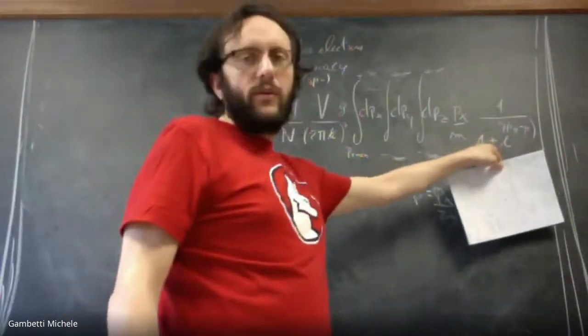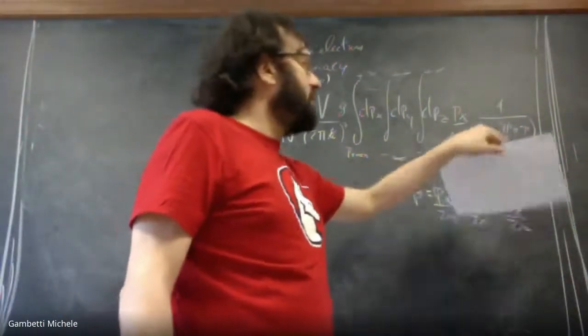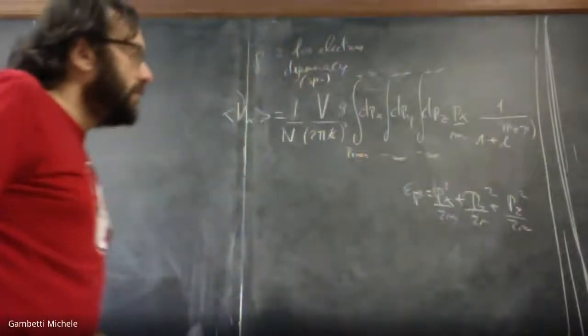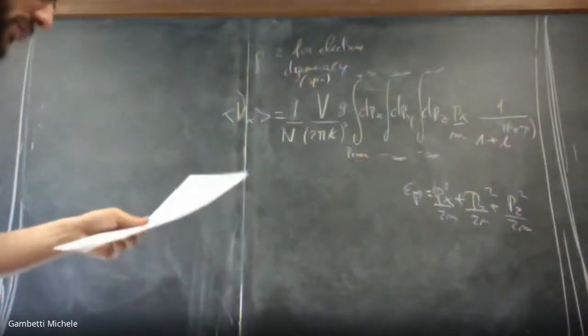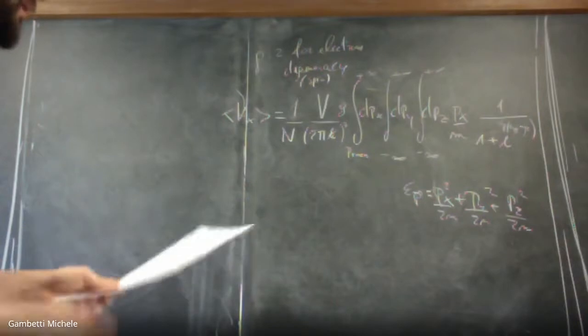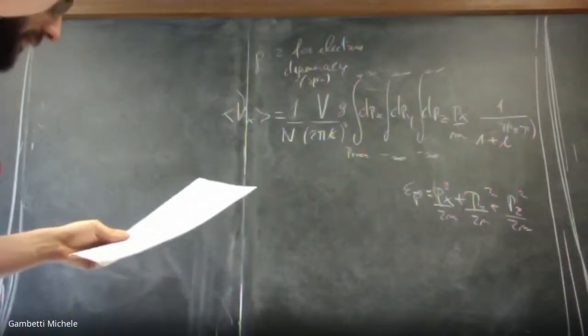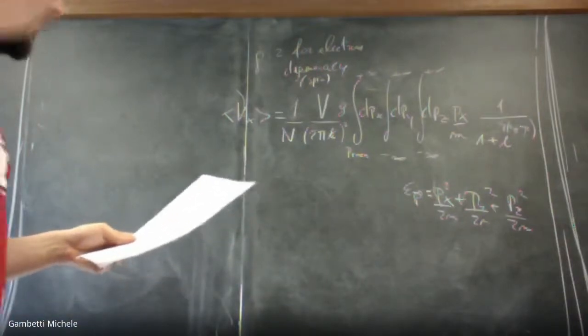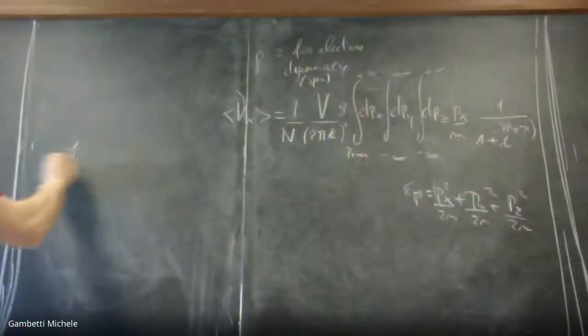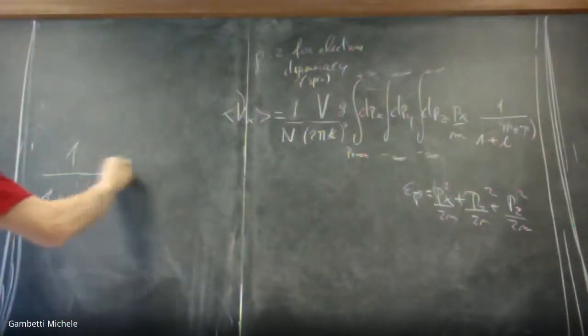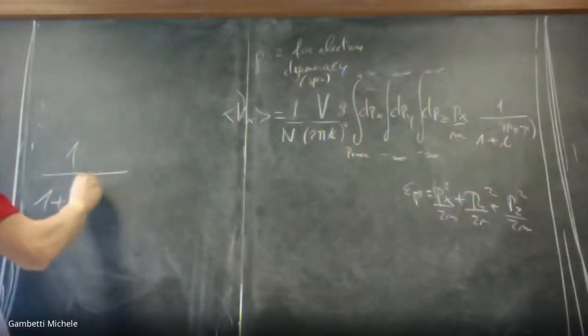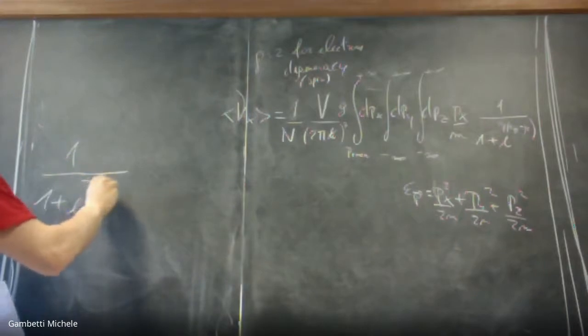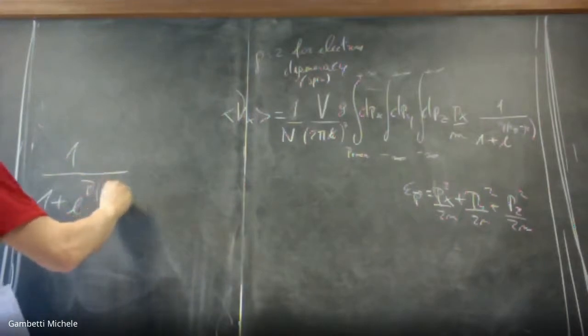Here you have Fermi-Dirac. Of course, this is a pain to compute the integral with the Fermi-Dirac. So typically what you do is to imagine that this can be approximated by, so let me see, e to the epsilon p minus mu.